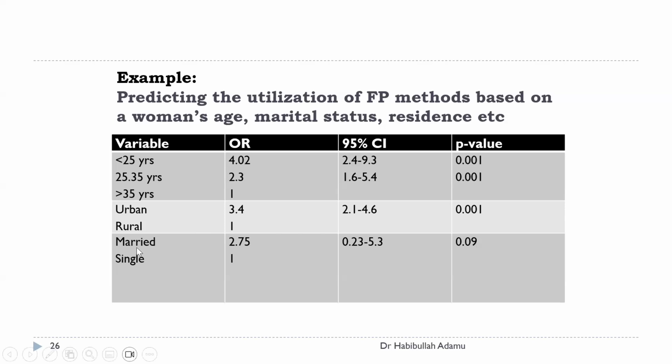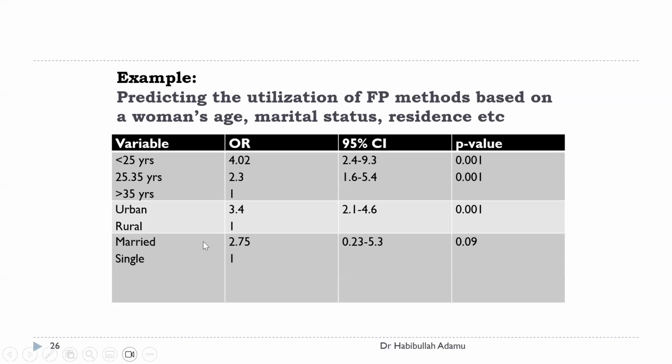But when we look at now between marital status and utilization of family planning, look at marital status, we said those who are married, look at the odds ratio, almost 2.75. But then look at the p-value. The p-value is 0.09. 0.09 is above 0.05. And we say anything from 0.05 and above is not statistically significant.